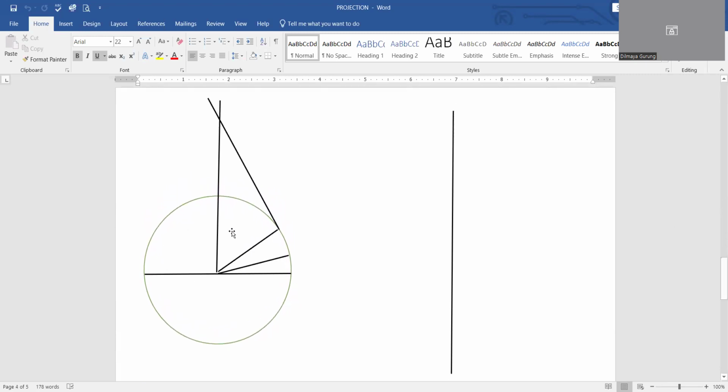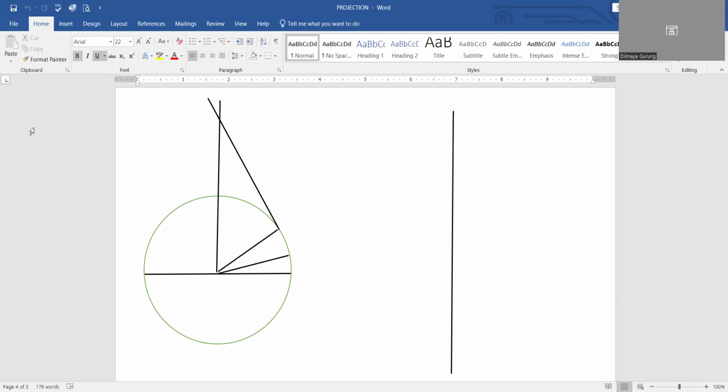Now this was the first one. See here, this is the 10-degree angle, this is 40. Using this base, we had made the 40 perpendicular, which will be used as the length for 40 degrees. So let's start. To make the conical projection, we first make a straight line of any length, because we do not know what length we are going to use.